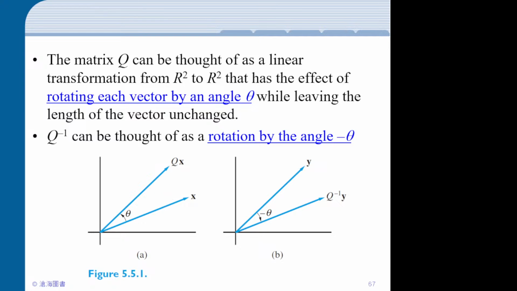What I want to say is that these orthogonal matrices basically do rotations in high dimensional space, and they preserve geometry. Say you have some triangle and you rotate the whole plane.